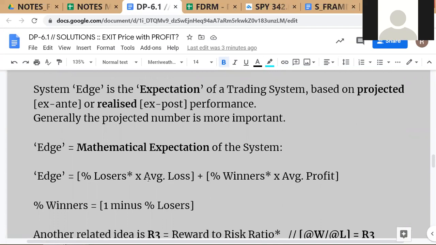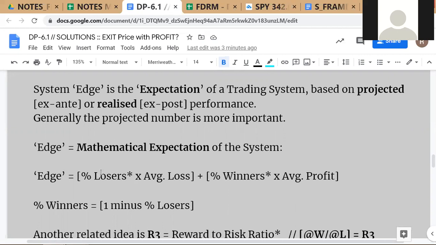Average loss is the average loss outcome, average profit is the average profit outcome, and percentage winners and percentage losers are the proxies for the probabilities. If you take either an ex ante or an ex post perspective, both are relevant, but usually we are more concerned with the projected number. So this is your expected loss percentage and win percentage.